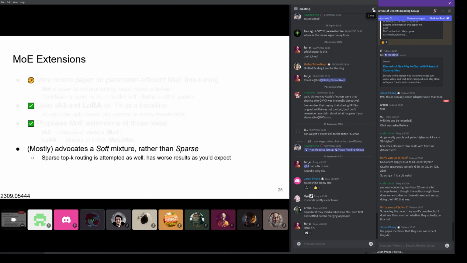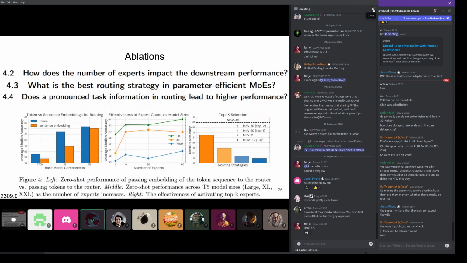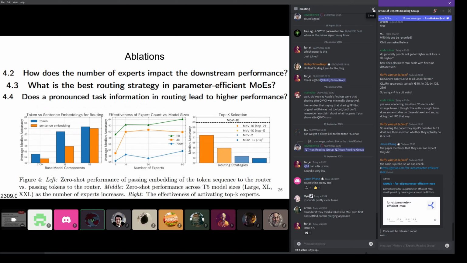So moving on to the last big chunk of this paper, which is the topics that Cohere actually did do fairly decent ablations on, I would say. They had a series of questions in relation to the design of the experiment. So they were wondering, how much is the performance affected when you scale up the number of experts?